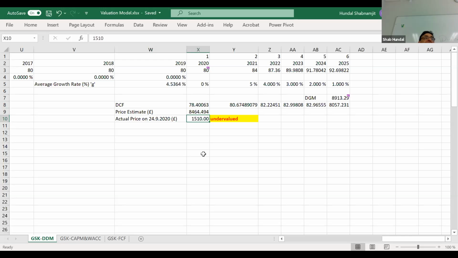So never make a decision based on the absolute size of the stock price. Even though 1,510 sounds really high, this is below what it should be. This is the price what should be, but this is the price what is. And here I make this logical statement that if X10 is below X9, then it's undervalued, else overvalued. So you see this logical statement, and that shows that the stock is undervalued.